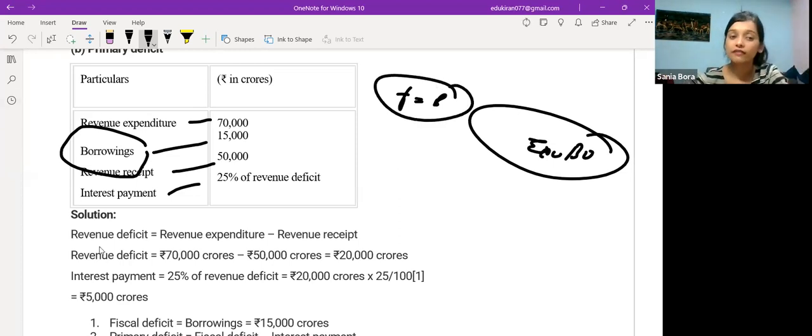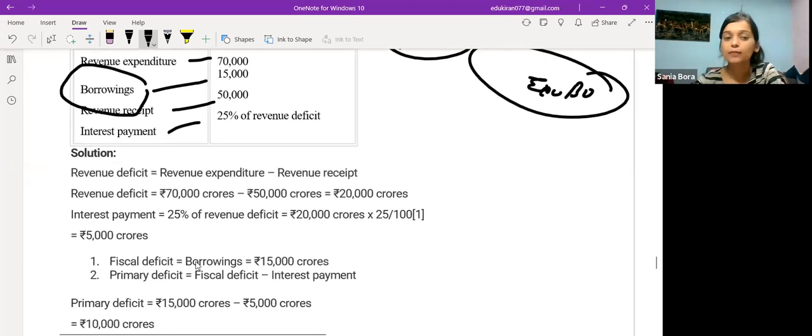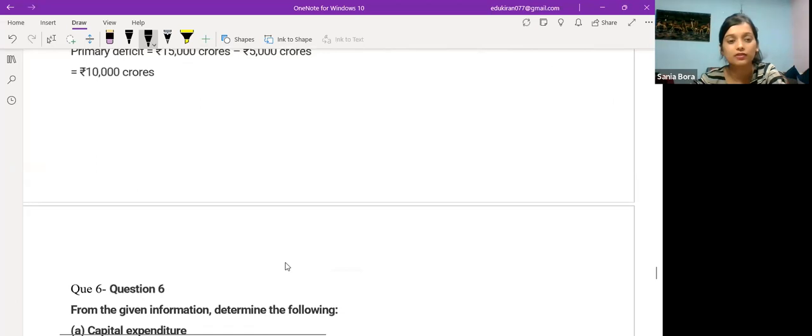From here you will find revenue deficit: revenue expenditure minus revenue receipts. Then interest payment is 25% of revenue deficit. Revenue deficit is given, 25% of it you know how to find. Then fiscal deficit is this. Primary deficit will be fiscal deficit minus interest payment. You will subtract it, you will get your primary deficit. Clear?